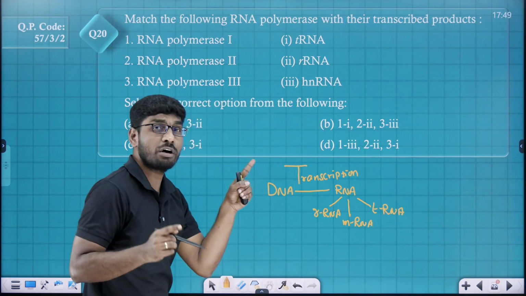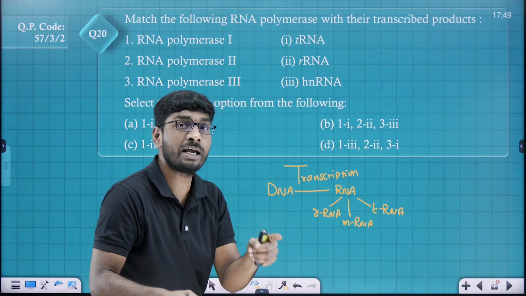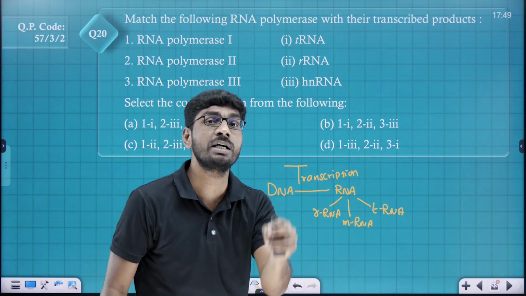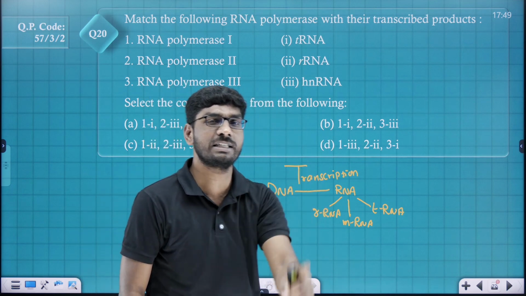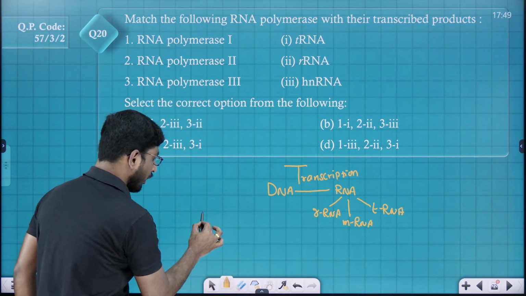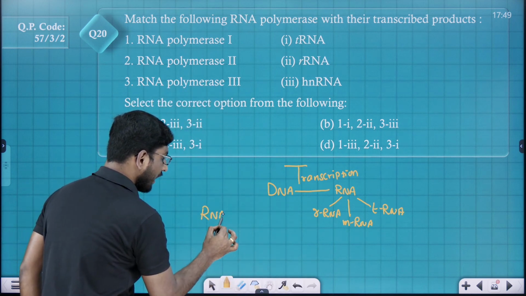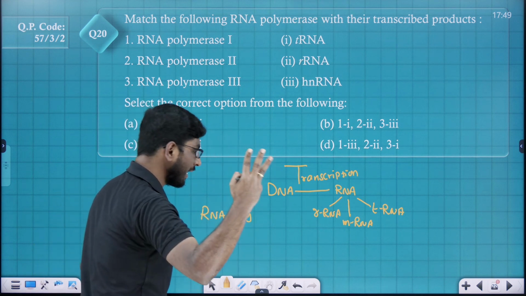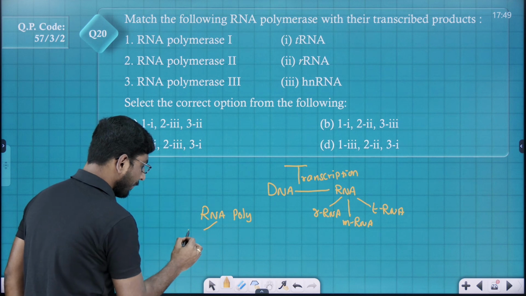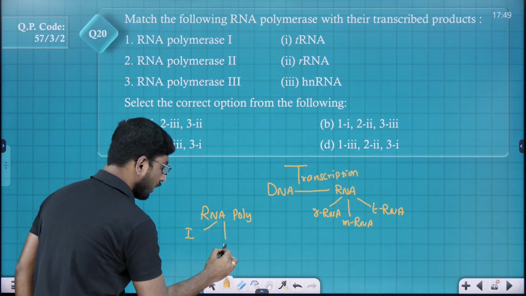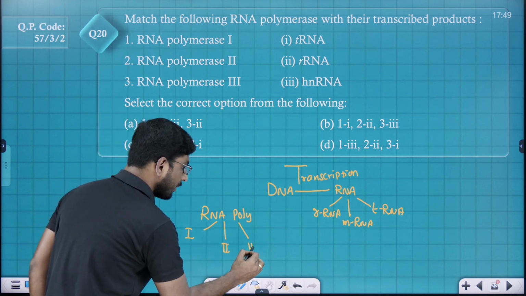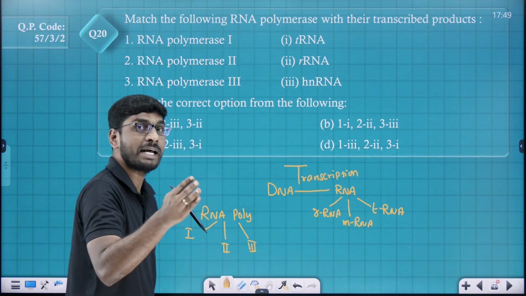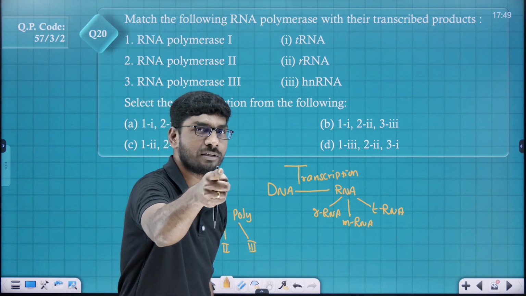For the synthesis of these 3 different types of RNA, we need 3 different types of RNA polymerase enzymes. What are the 3 types? RNA polymerase 1, RNA polymerase 2, RNA polymerase 3.